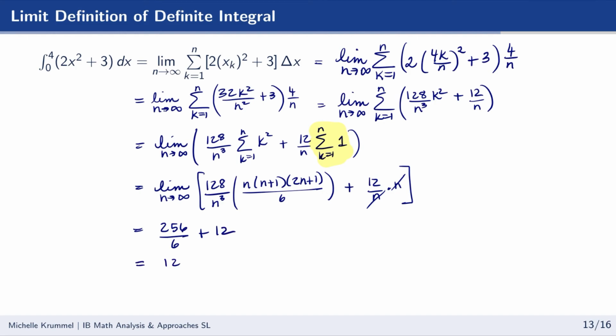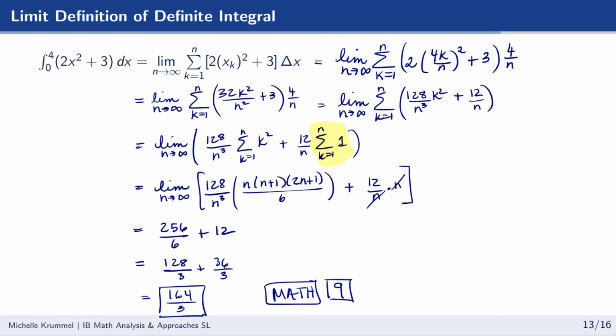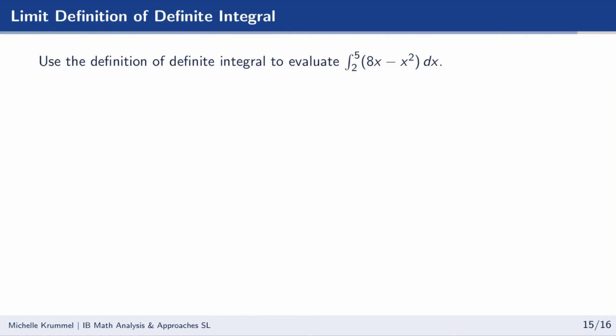Or, let's see, 128 over 3 plus 36 over 3 is going to give us 164 over 3. Okay, then we can use Math 9 to verify our answer. This is the definite integral you would enter into your calculator, and we should get that same result. We have one last example.